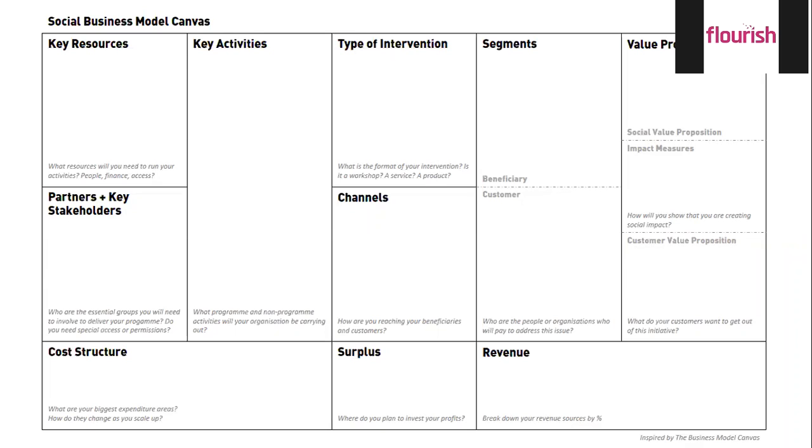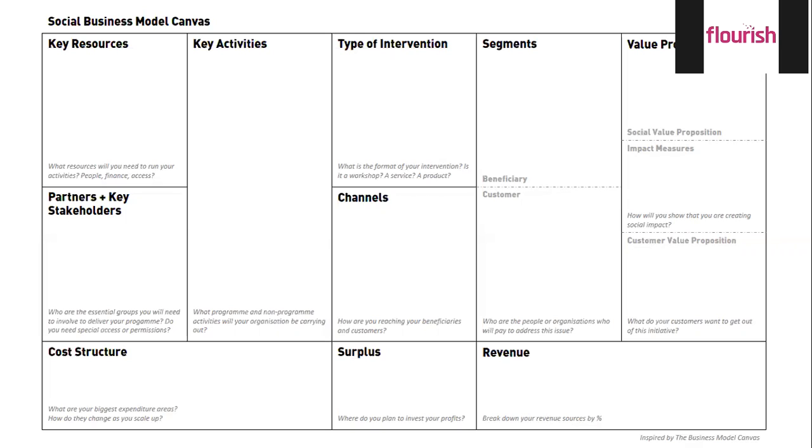You can't really get into this realm of putting this canvas together until you've started to ask and prod and poke a few more questions. So if you've got activities that you're running and people benefiting and people commissioning, paying or funding this stuff, you then have to take a step back and start to evaluate that, whether it's for customer service, or whether it's having the direct social impact that you intend, and work out whether what you're providing is good value for them, financially, emotionally, physically, and in terms of social return.